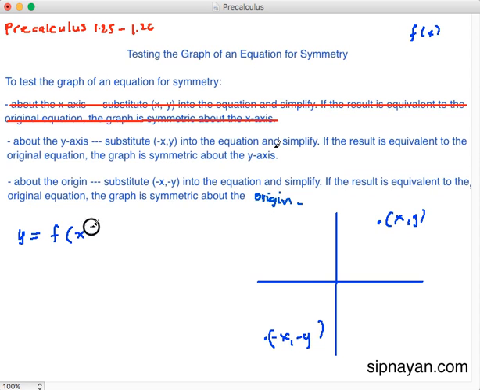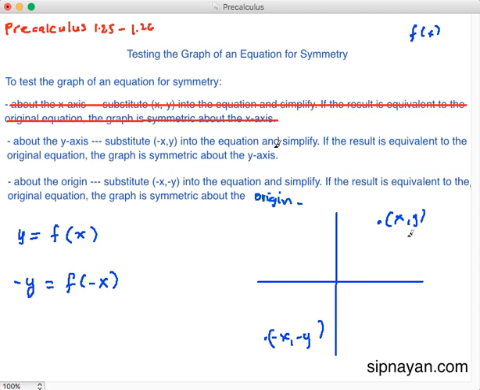X, no? Remember, yung nandito is the input and the y is the output, no? The y coordinates natin are the outputs and the x coordinates are the inputs. Dito, what do we have here? So, ang output natin is negative y, pero ang input natin ay negative x. Tama?